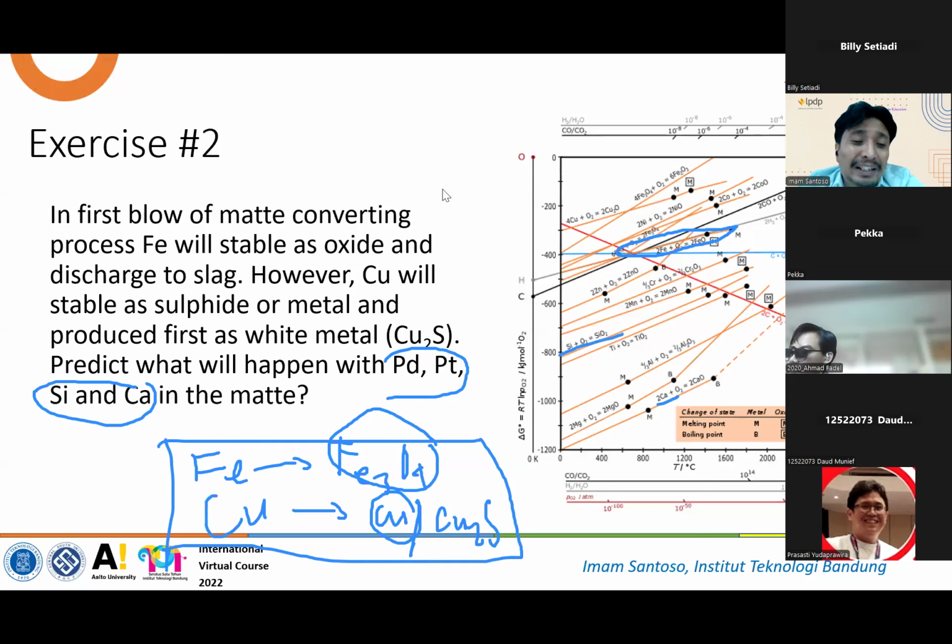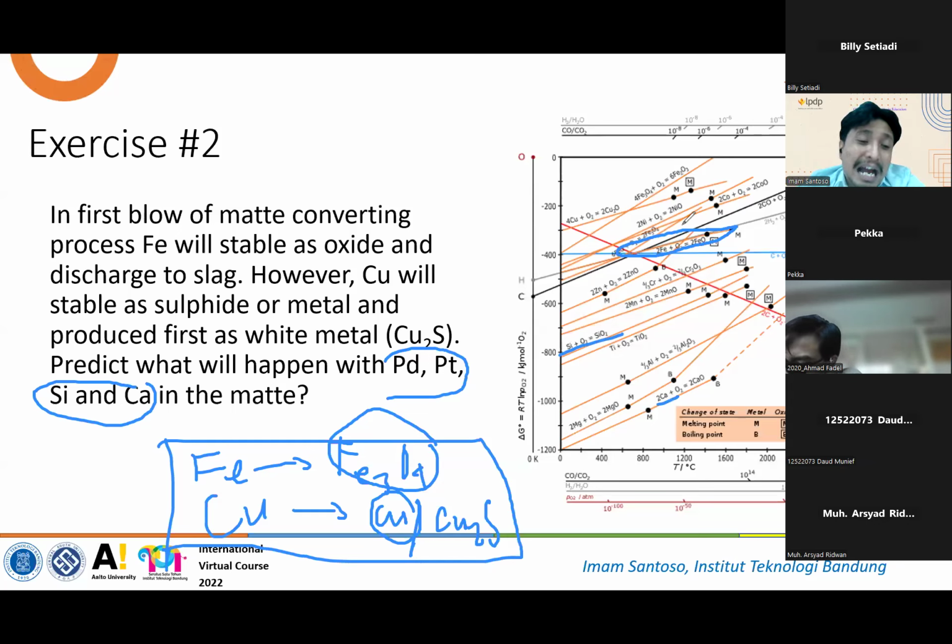Which one loves oxygen more, silicon or iron? Silicon. Yes, because it's far below in the Ellingham diagram. Look, at this condition, iron becomes oxide. It means a metal that loves oxygen more will become oxide. Do you agree? Lower part loves oxygen, upper part hates oxygen.